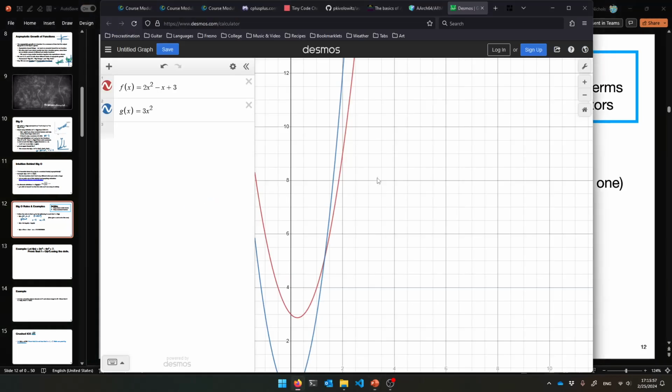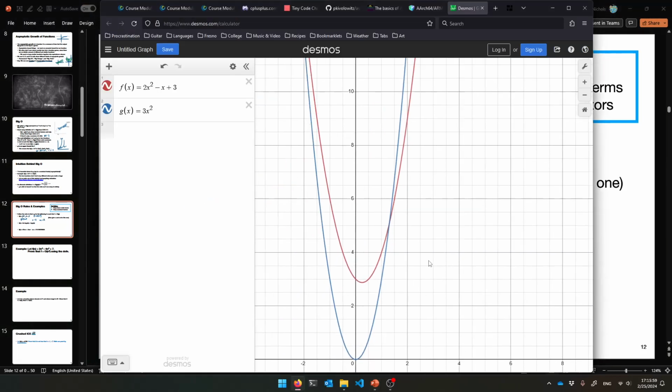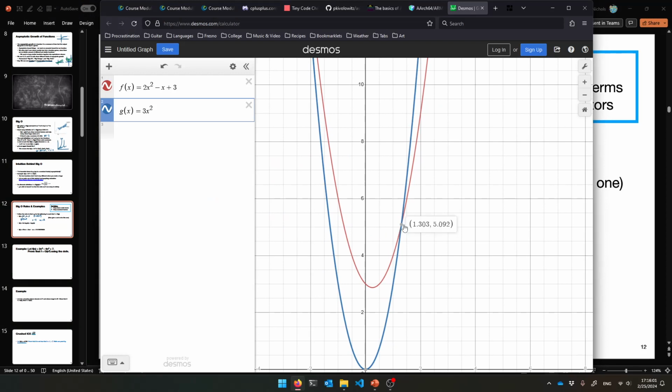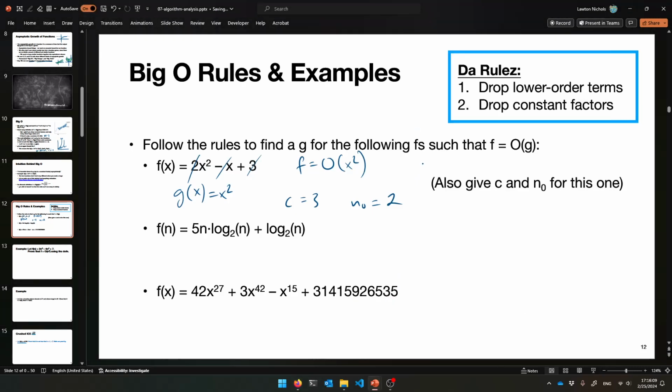If n naught is 2, then from 2 afterwards you're good to go. It's always that 3 times g is bigger than our original f. It'll always get bigger after that.